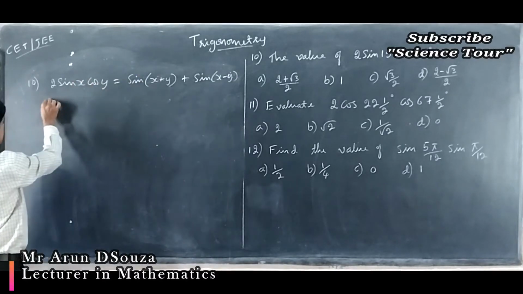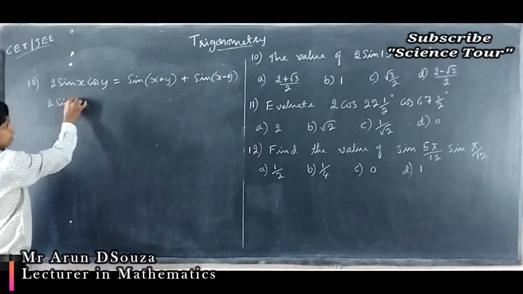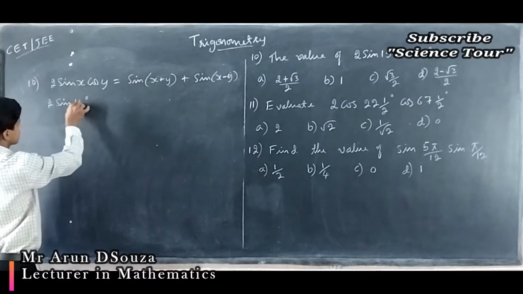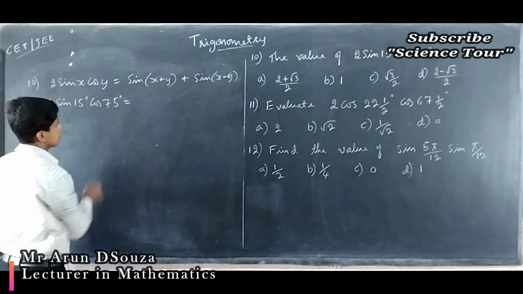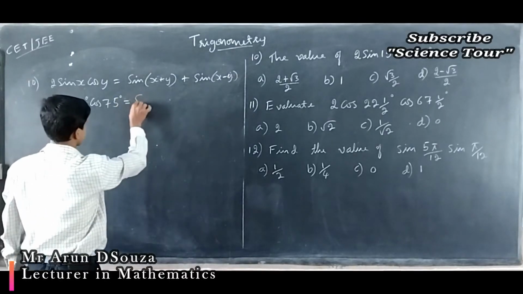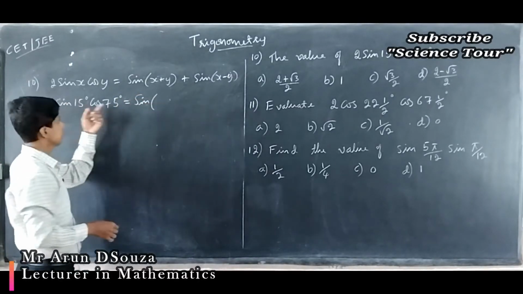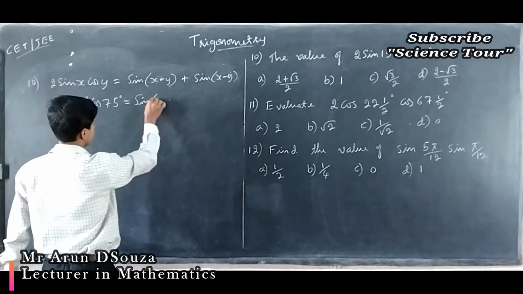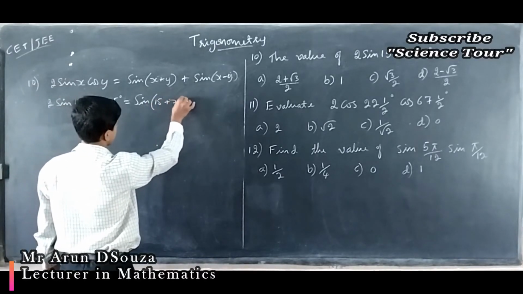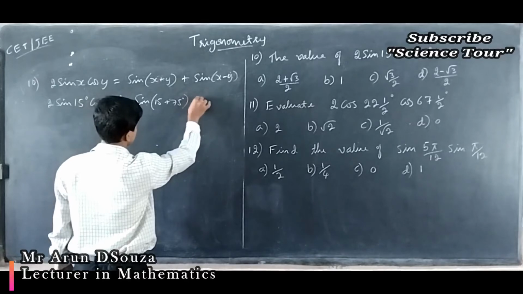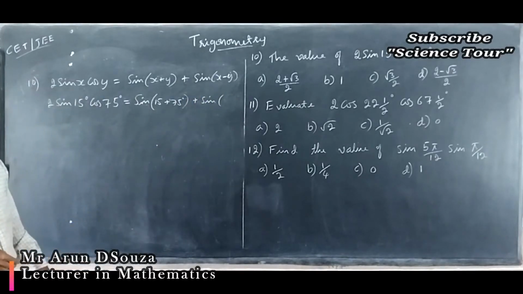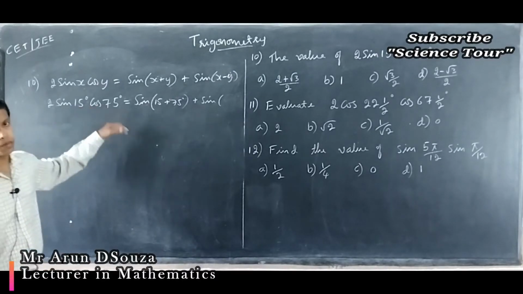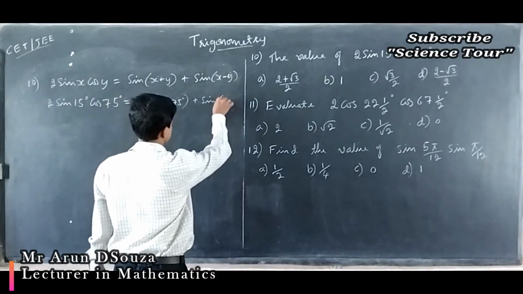So now let us write the given expression, 2 sin 15 degree cos 75 degree, and that is equal to sin(15 plus 75) plus sin(15 minus 75).